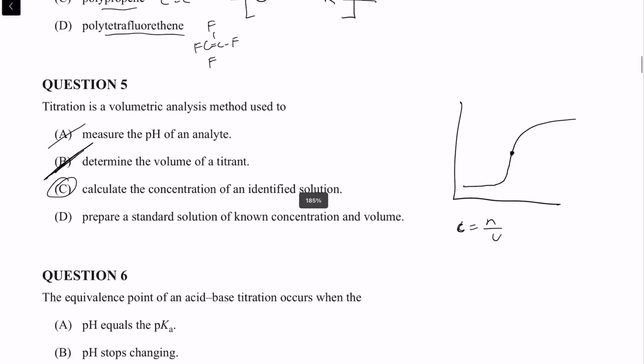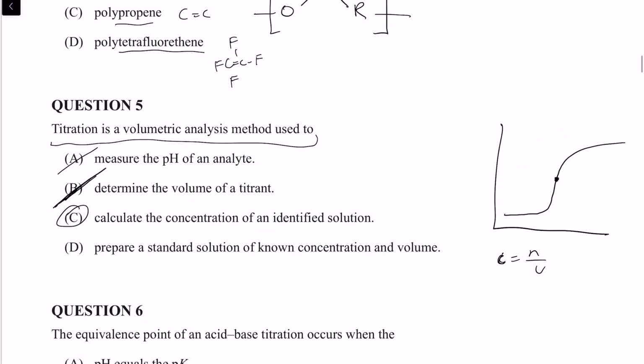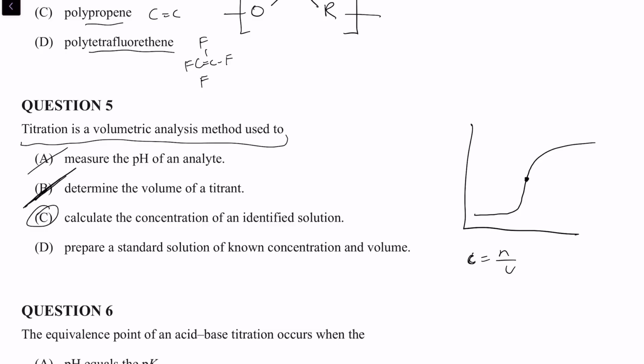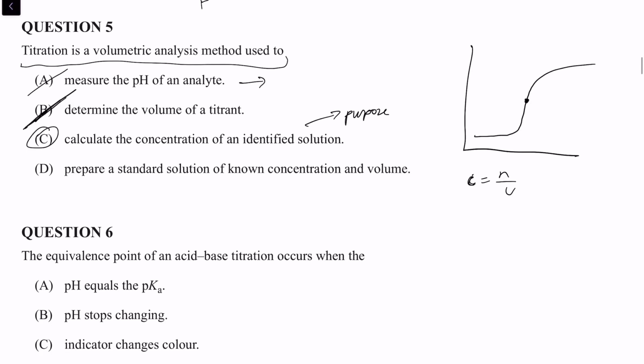It's really just one of your dot points you need to know, the purpose of a titration. Another explanation is that A is about measuring pH of an analyte. Well, you can actually just use a pH meter. It's not the main titration aim.